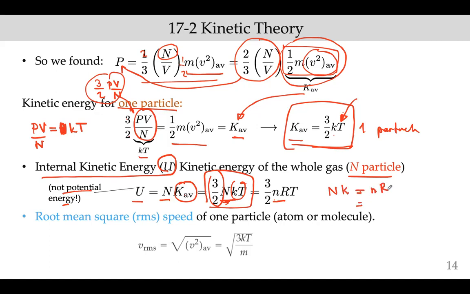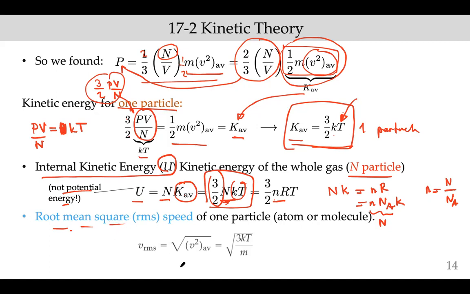If you remember, R is actually the Avogadro's number times k. And this combination gives us n, because we defined the number of moles as N divided by the Avogadro's number.